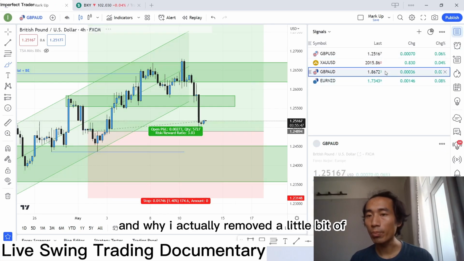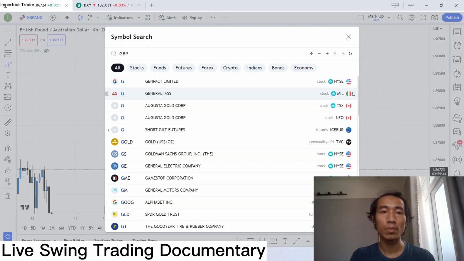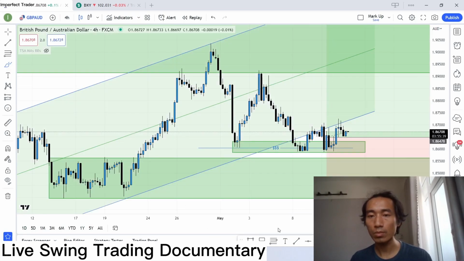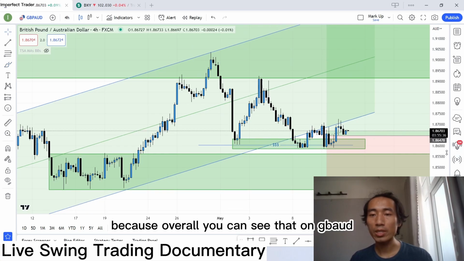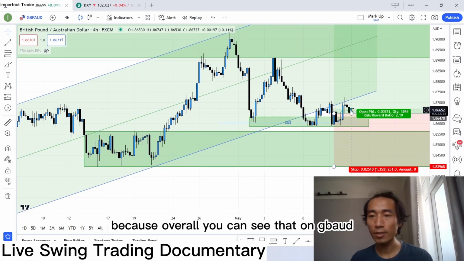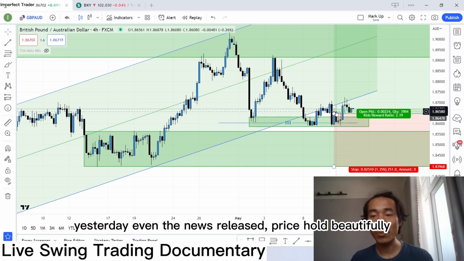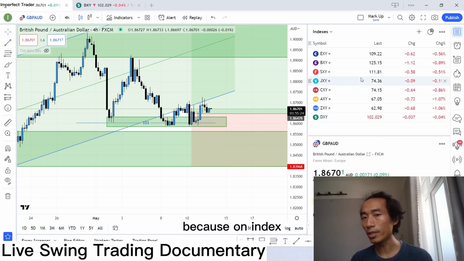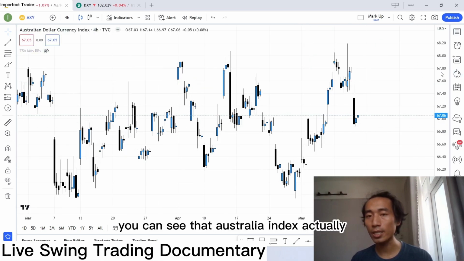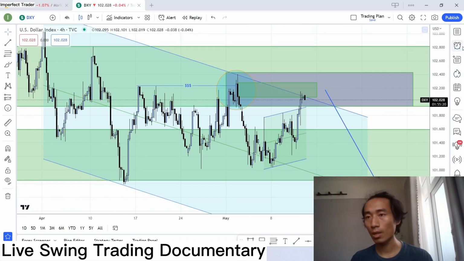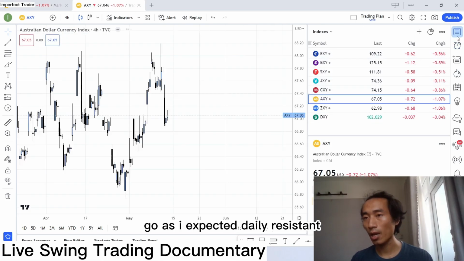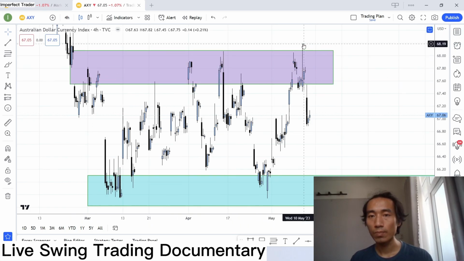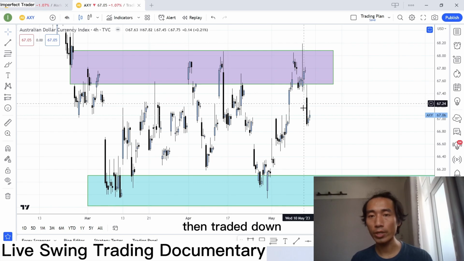And why I removed a little bit of my risk on GBP AUD, because overall you can see that on GBP AUD yesterday, even with the news release, price held beautifully. And why is that? Because on index you can see that the Australia index went as I expected. Daily resistance, it traded higher right here and then traded down.